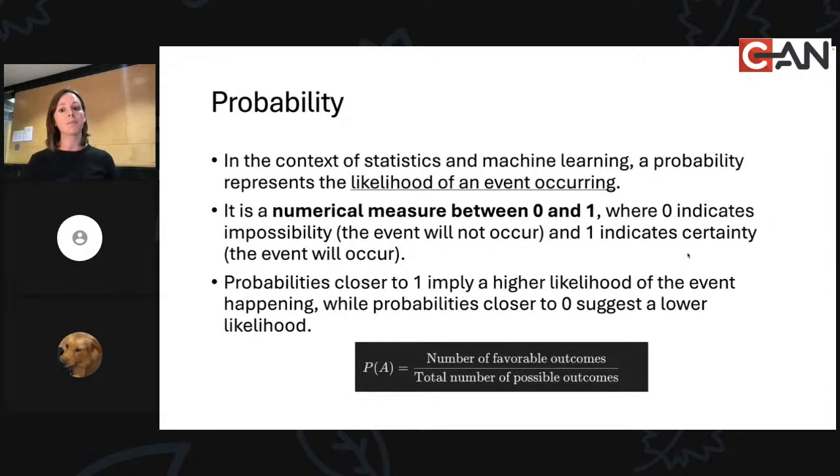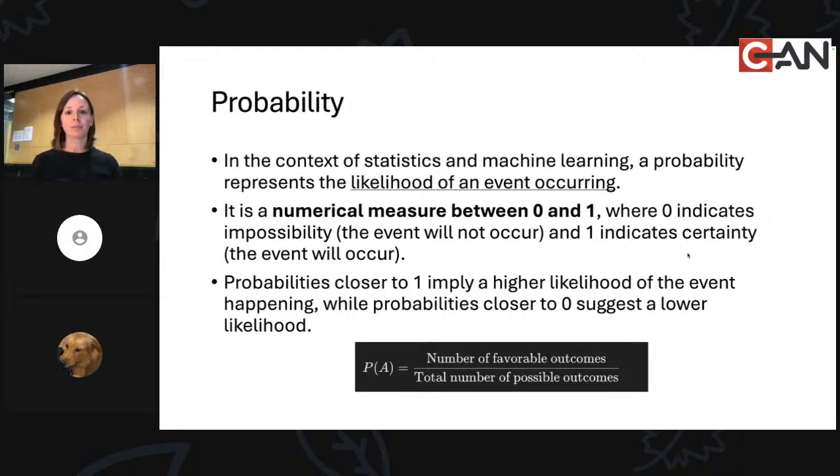algorithms. But at a very, very high level, in the context of statistics and machine learning, probability represents the likelihood of an event occurring. So when we say probability, we're really quantifying how likely it is that this will occur.